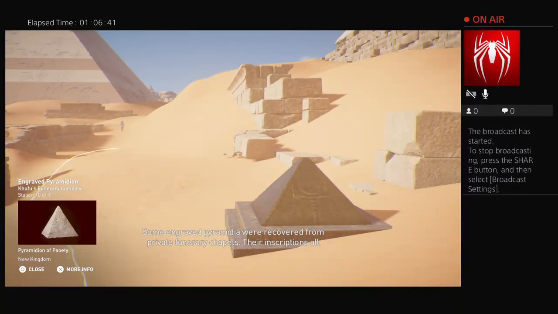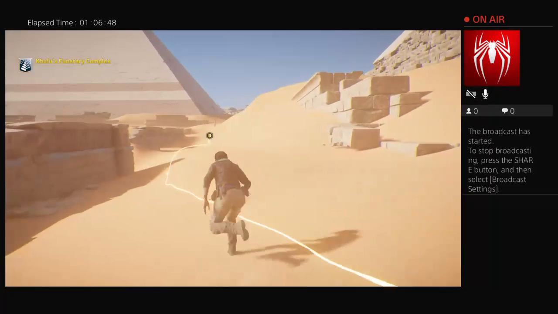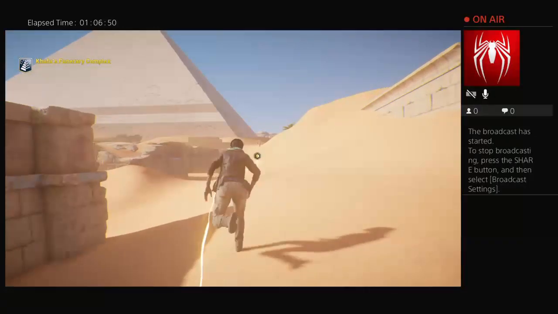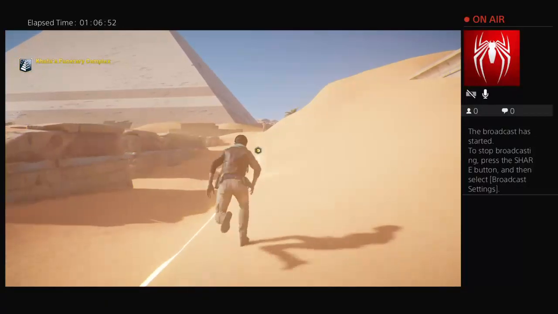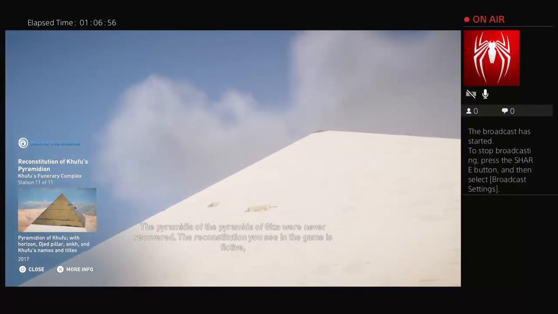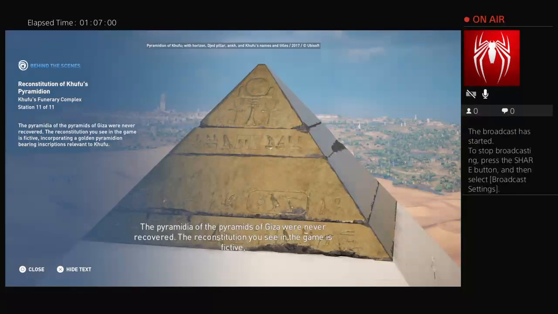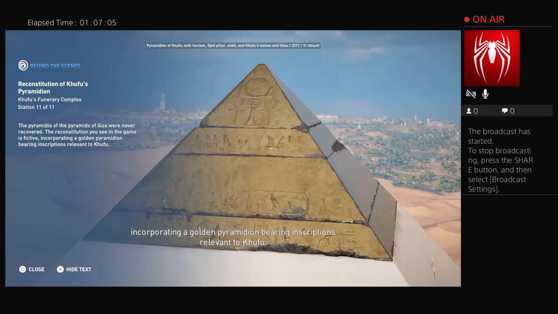Their inscriptions all related to the solar symbolism of the Benben. The pyramidia of the pyramids of Giza were never recovered. The reconstitution you see in the game is fictive, incorporating a golden pyramidion bearing inscriptions relevant to Khufu.